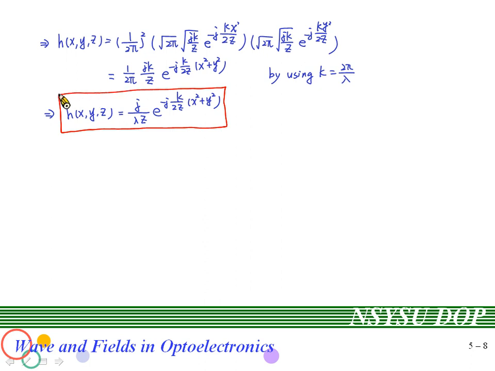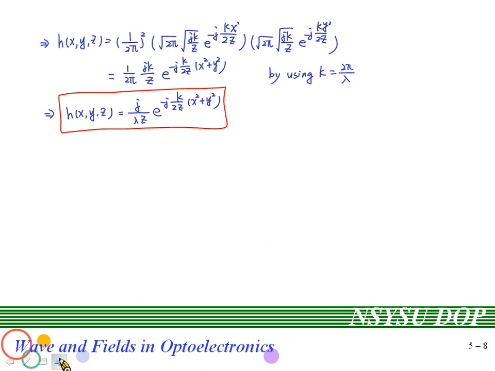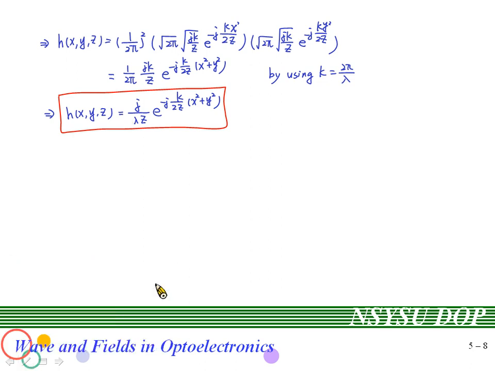As you can see, initially the h is expressed in a very complicated form, but now we finally obtain the h function in a simple form shown here. So it will be easy for you to perform the convolution.